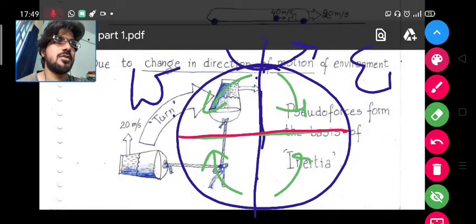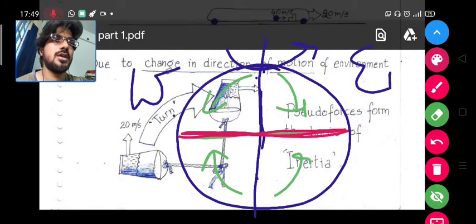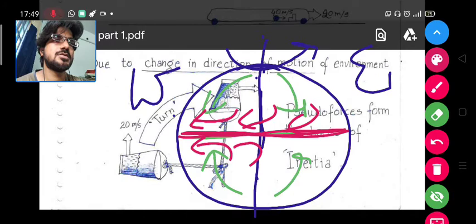So this is the equator. Okay, here these winds will turn in this direction, and here they will turn in this direction.